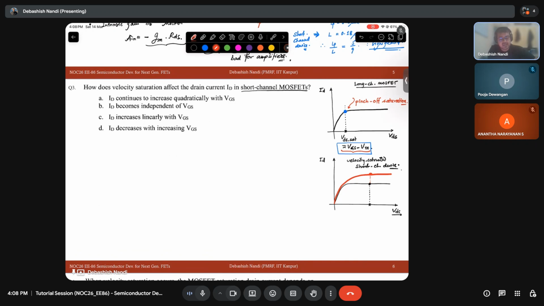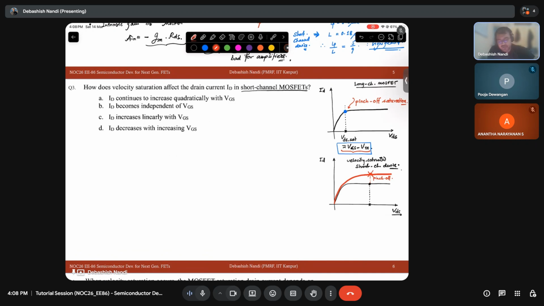This is where your pinch-off saturation was supposed to occur, and you were supposed to design your device to be in saturation after this point, or linear below this point.